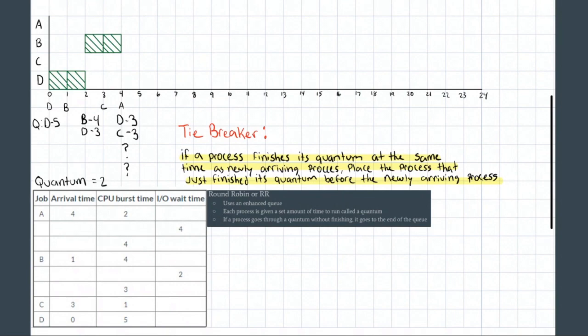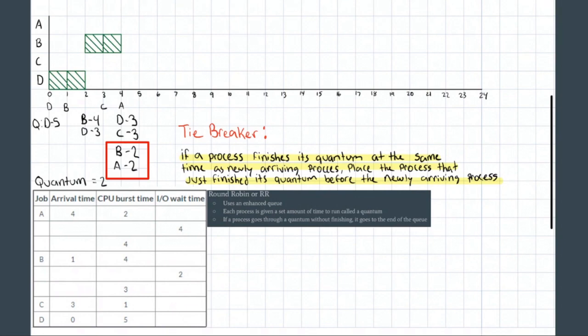D and C both have a time of 3. And because this is a tie, the tiebreaker that is used is to place the process that just finished its quantum before a newly arriving process.